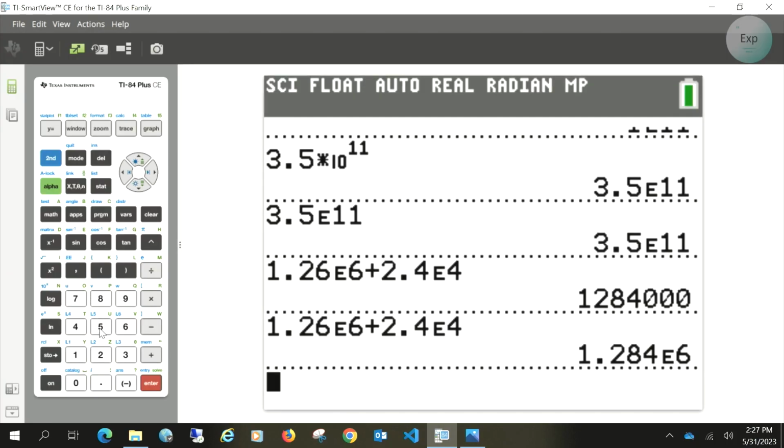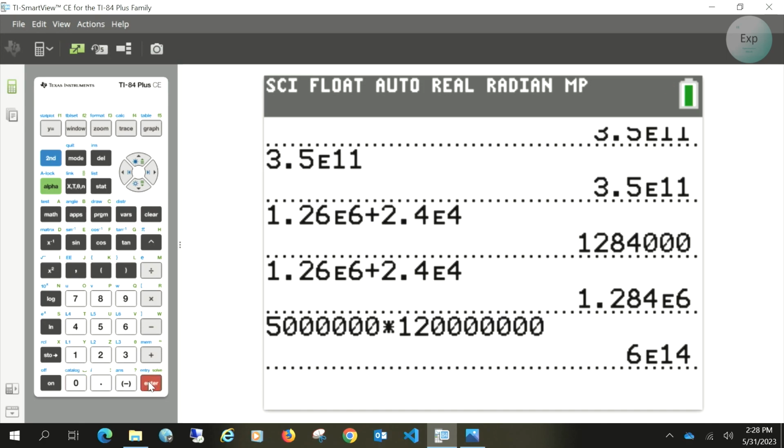So let's take 5 million times 120 million. Again, an answer of 6e14, and remember that means 6 times 10 to the 14th power. That is an answer of 6 with 14 zeros after it.